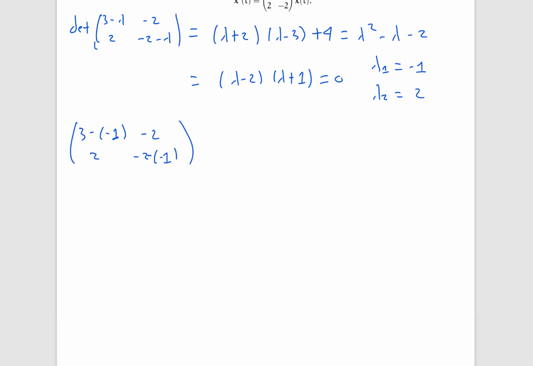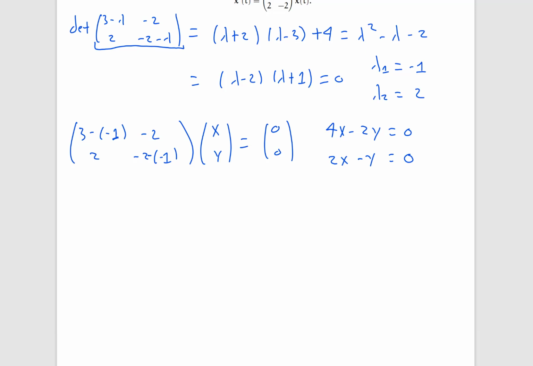Okay, so it's just this matrix here, but with a particular choice of lambda, times x y equals 0, 0. Now this top equation, what is it? Well, 3 minus 1, that's 3 plus 1, so that's 4. So the top equation is 4x minus 2y equals 0, and the bottom equation is 2x, minus 2 minus 1, that's minus 1, minus y is equal to 0.